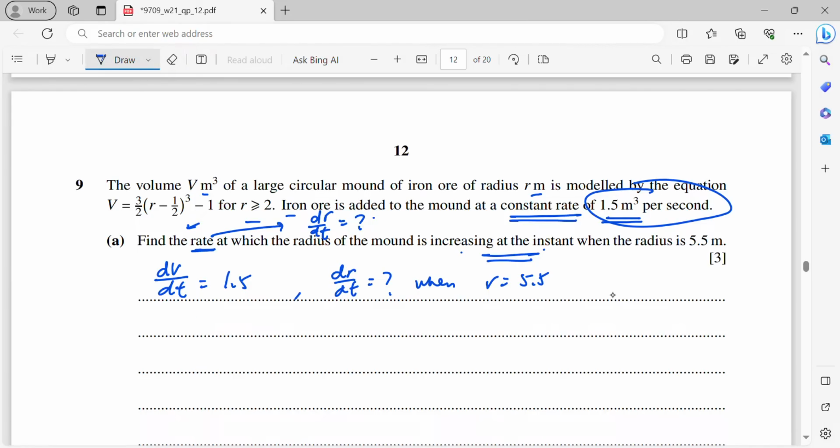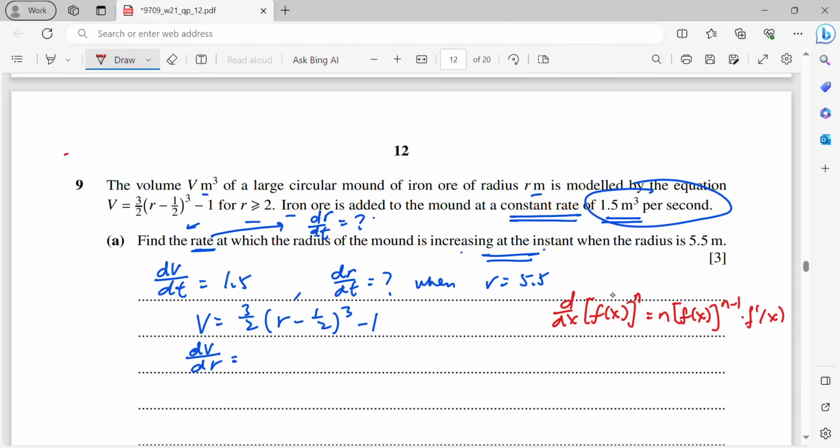Okay, so now given V is 3 over 2 times r minus half cubed minus 1. So now dV over dr. To differentiate this, you need to use d over dx of f(x) to the power of n, which is the power rule. Bring down the n, then remain f(x) to the power n minus 1, and differentiate f(x) to get f prime x.